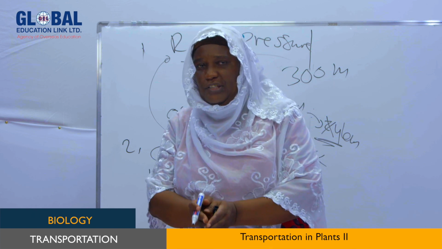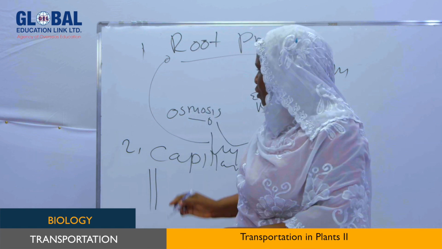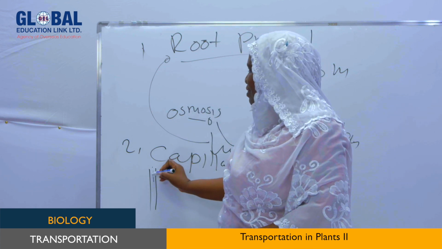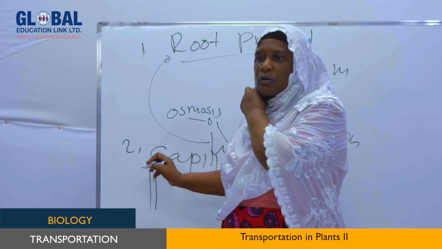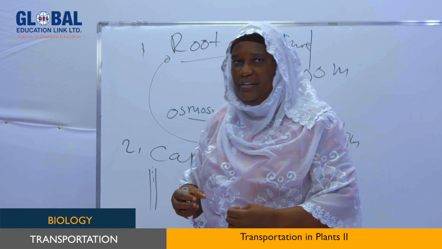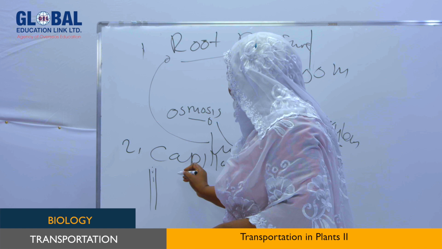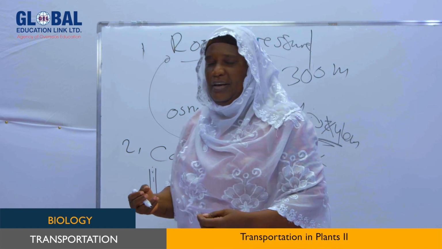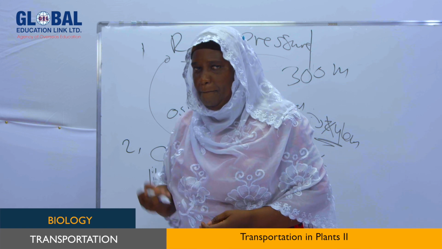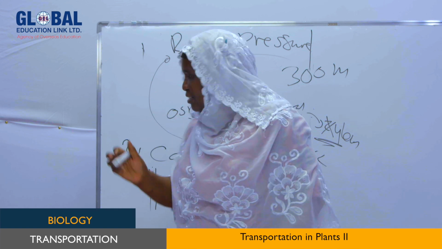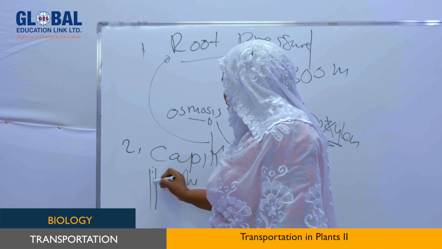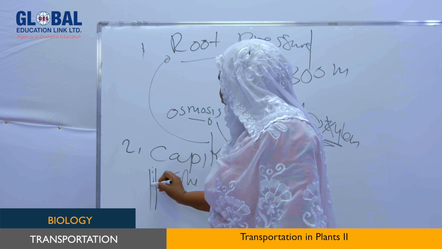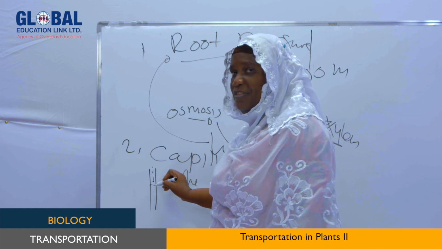The narrowness of the tubes makes water molecules attract each other. The force which is known as cohesion, force between like molecules. Apart from that, water molecules also collide with the wall of the vessel.